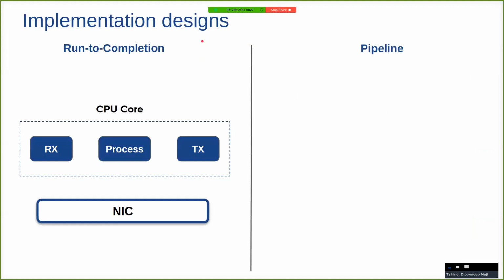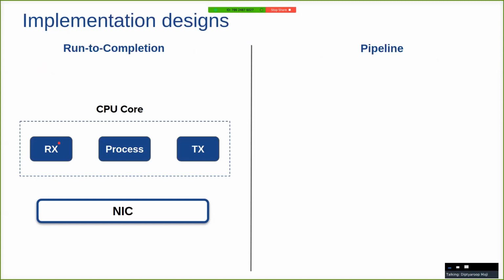So first, let me talk about the implementation designs. Any DPDK application can be broadly classified into either of the two designs. It can be either run to completion design or it can be pipeline design. So what is a run to completion design?